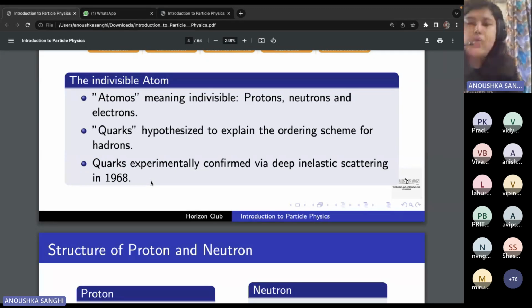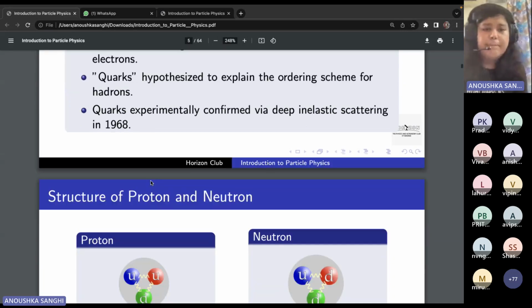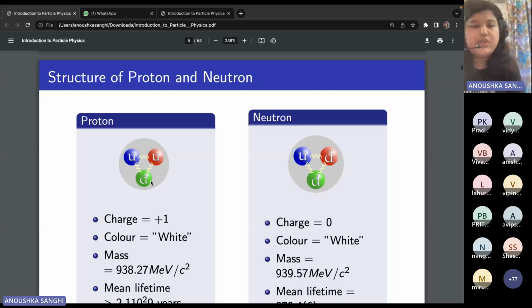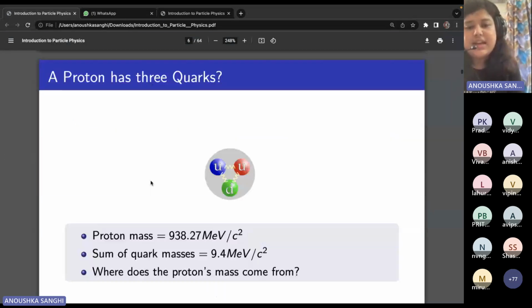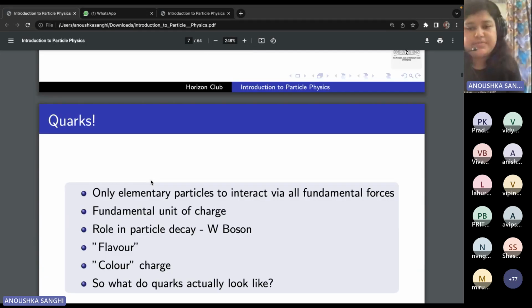Even now we can see quarks at the LHC, the Large Hadron Collider at CERN. You must know about it, or we'll be discussing it in the next session about different colliders, so you can get to know more about quarks. Before coming to the structure of proton and neutron, let's first understand what quarks are.